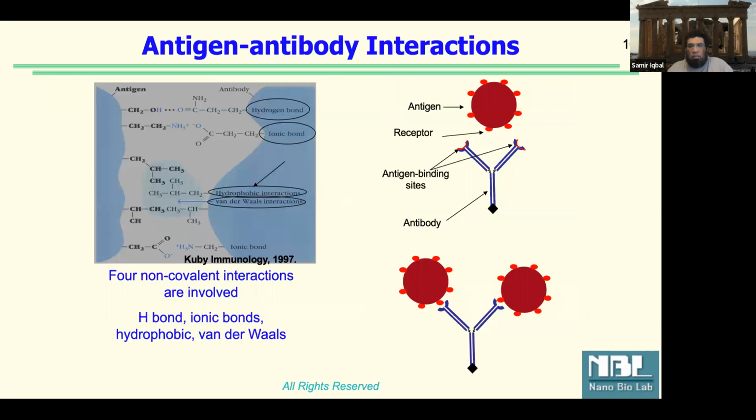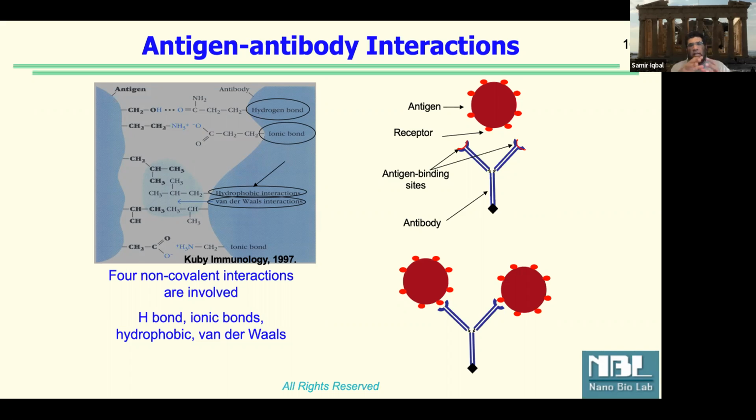And if you break it down at the very bottom, these are simple basic bonds that give that affinity. There are a number of different bonds we know: the hydrogen bonds, ionic bonds. This picture on the left side is breaking down some of the kinds of binding that happens. There may be hydrophobic interactions where they want to repel water, so they come together. There may be van der Waals forces which bring two molecules together.